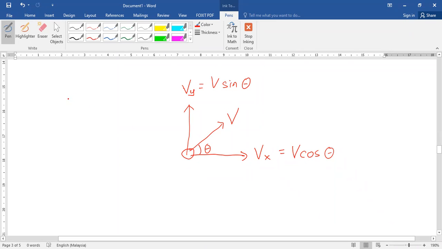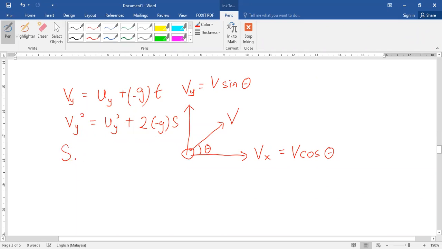For upward motion, we use v equals u plus gt, where g is negative because we throw against gravity. So Vy squared equals Uy squared plus 2 negative g s, where s is the distance.